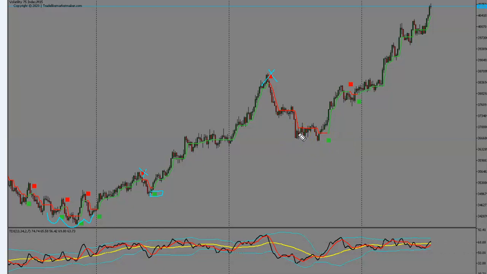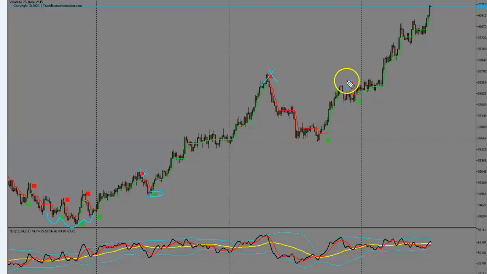You must be patient to wait for a signal to come for you. You don't have to try to trade your emotions. You must be patient to wait for this to come for you, so that you may enter here on this continuation. And since you may have entered here, it goes all the way up.